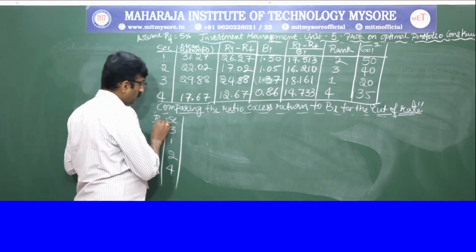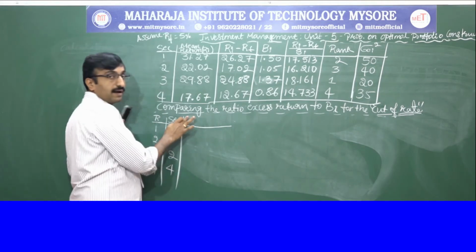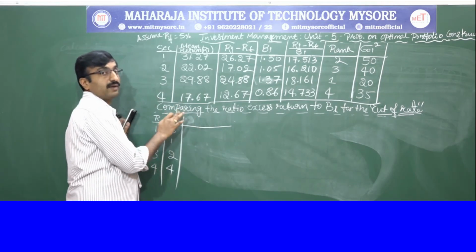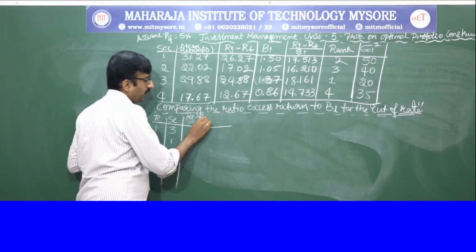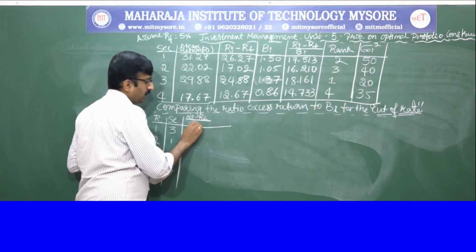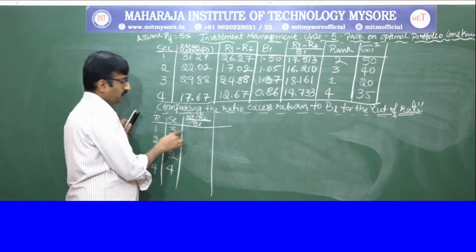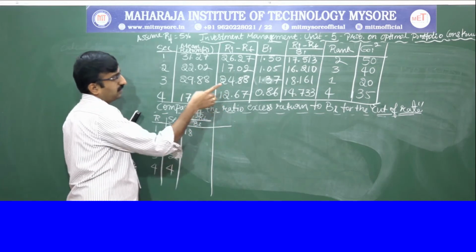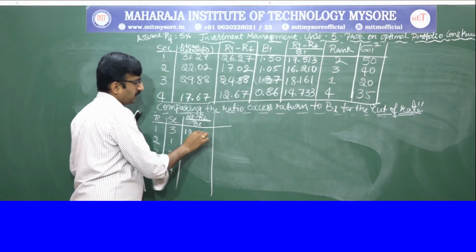Fine. Next you do Ri minus Rf divided by beta, Ri minus Rf divided by Bi. So already we have done it. First you take the third one, that is 18.161.